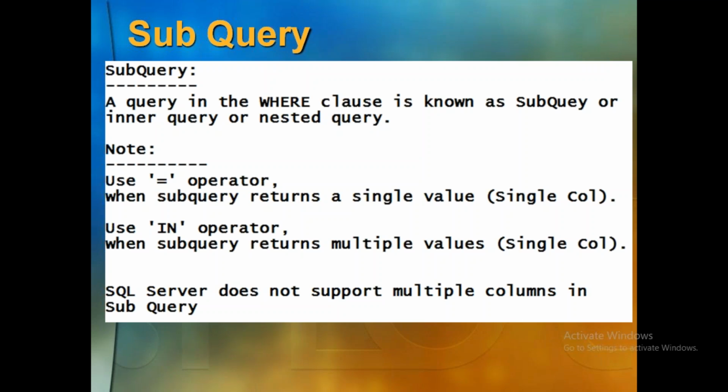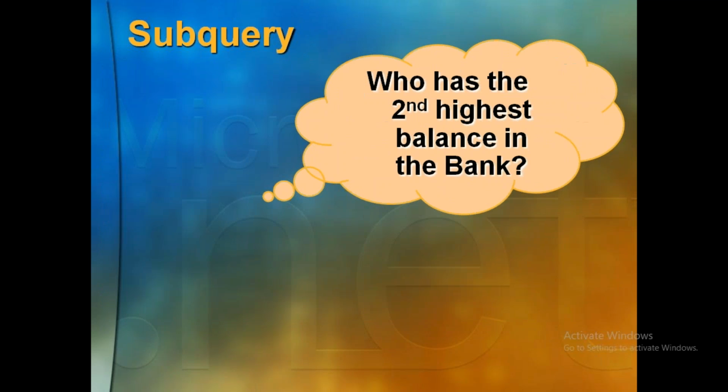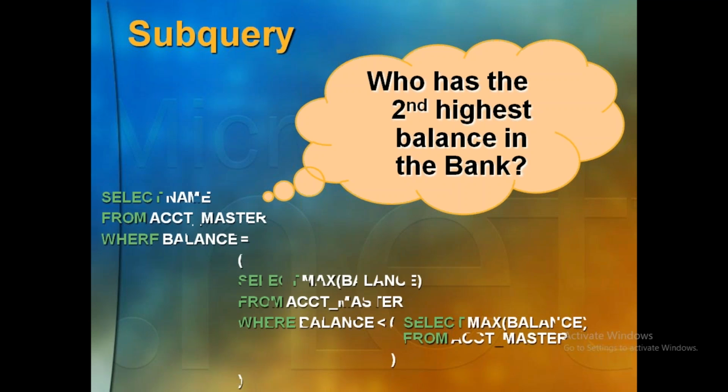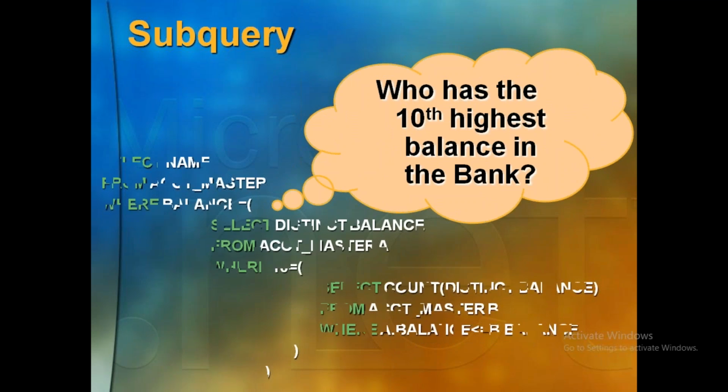The inner query or subquery will be executed first. The result will be passed to the outer query. Finally, the outer query will be executed. We had also seen how to find who has the highest balance, and also the 10th highest balance. A lot of things we had seen.